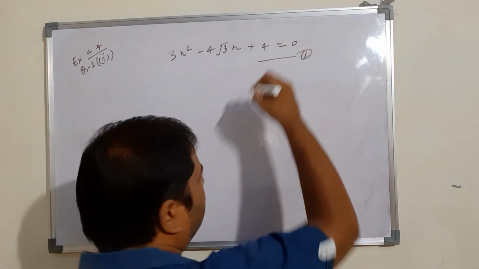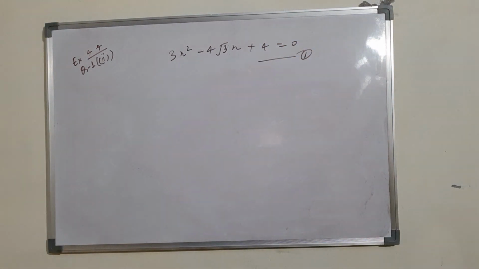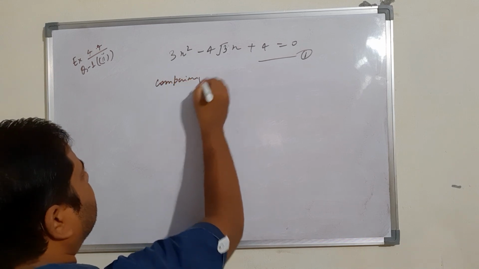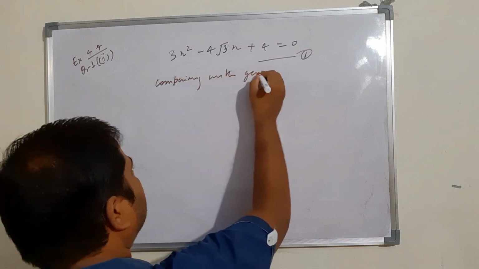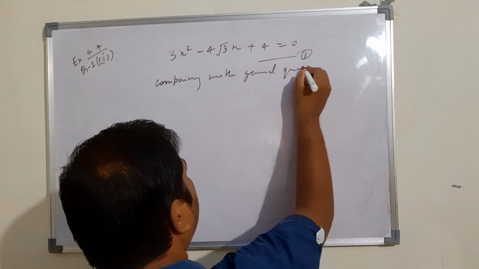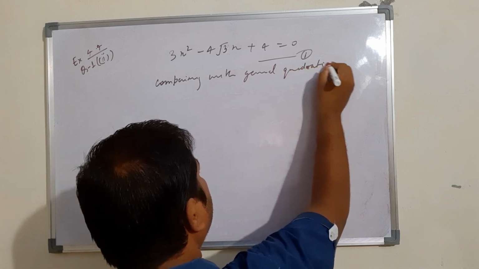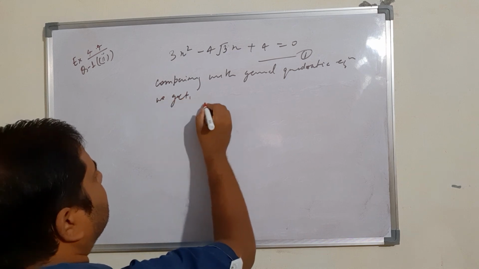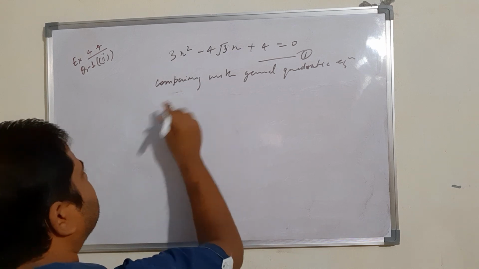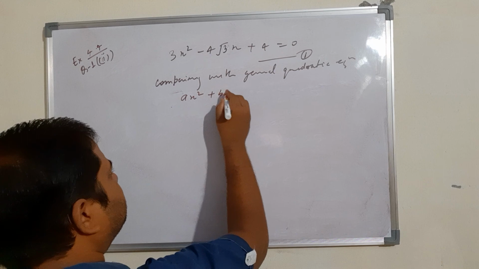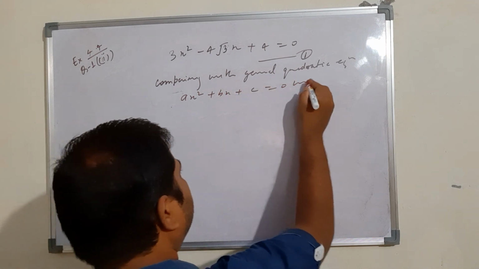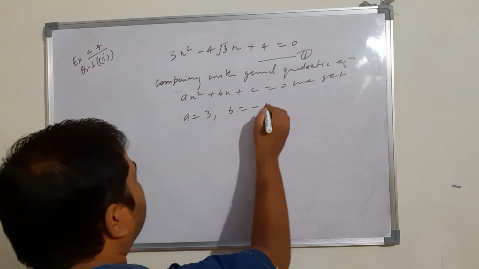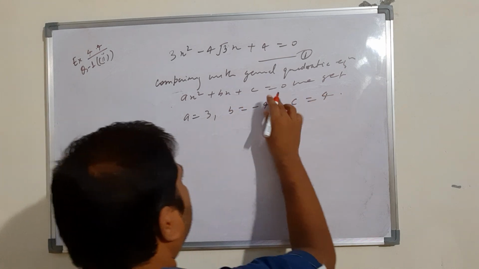The same question, only the part is changed. This is equation number 1. Now, again the same thing, comparing with the general quadratic equation ax square plus bx plus c is equal to 0, we get a is equal to 3, b is equal to minus 4 root 3 and c is equal to 4.